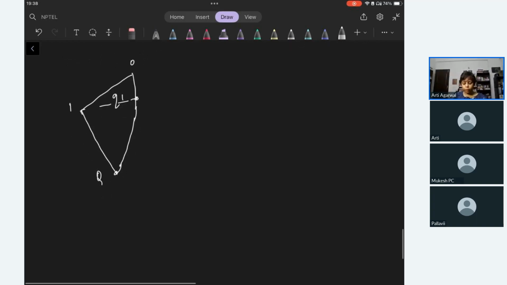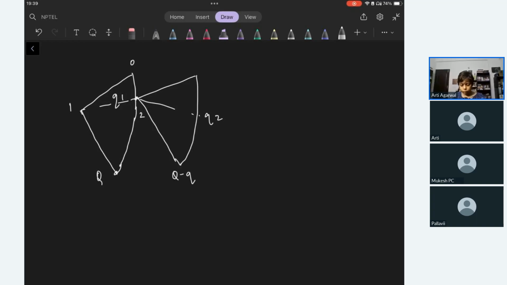It's chosen some value Q1 between 0 and Q. And here 2 does the same thing. 2 has options between, let me redraw this, 0 and capital Q minus Q1.